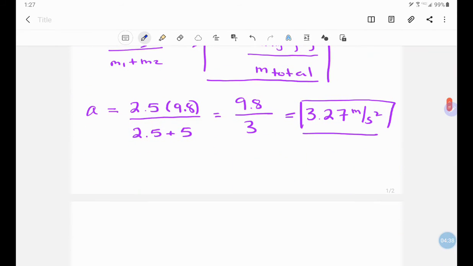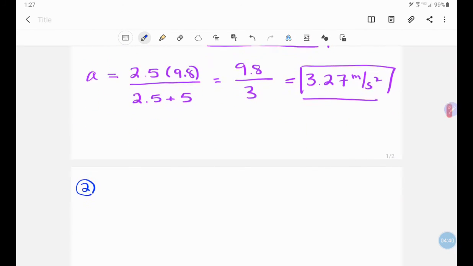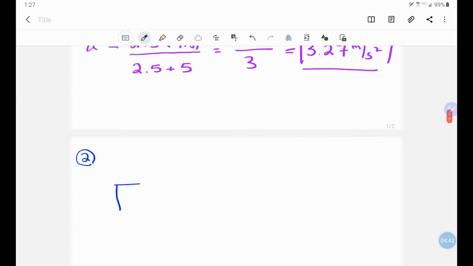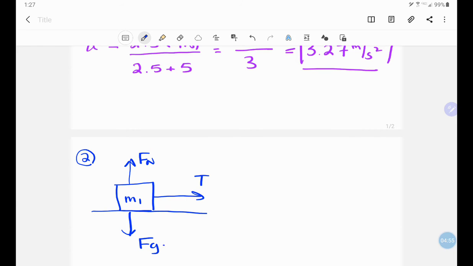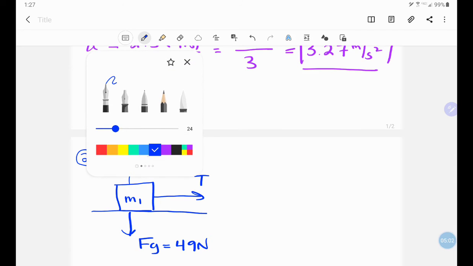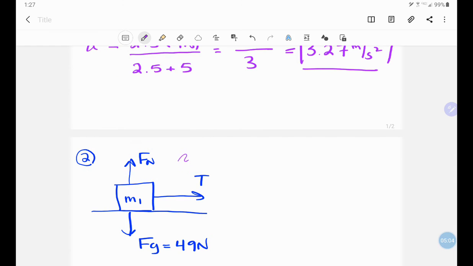So if we start with part 2, I'm going to look at the mass on the table first. So this is mass 1. There's tension, gravity, and normal force here. This value here was 49 newtons. The direction of motion of the table mass was in this direction, so that direction was positive, so tension is positive.